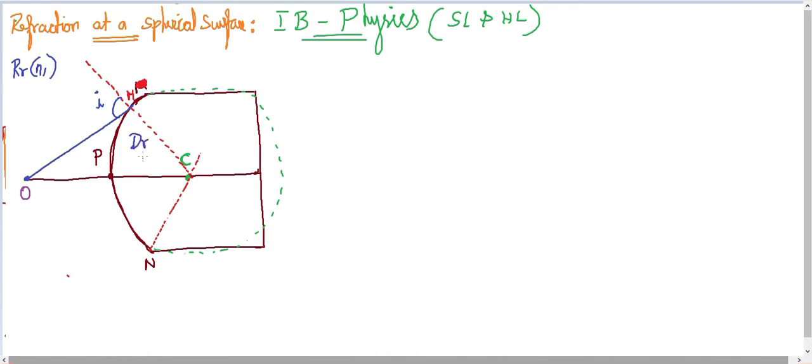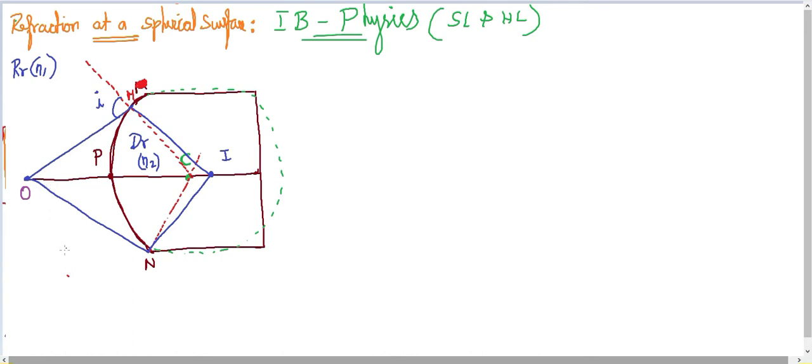This is a denser medium with a refractive index N2. It always bends towards the normal. It bends towards the normal and meets at a point where it forms an image. Similarly, here also it happens. It is not necessary to draw the below part, but for symmetry we are doing this.